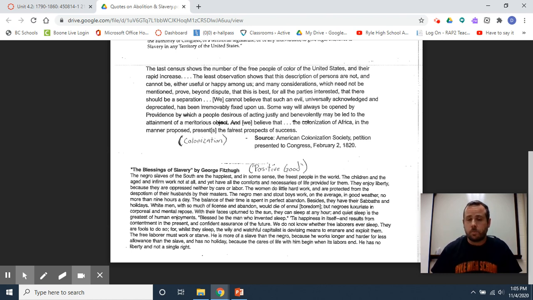In general, what the positive good theory said was in the paternalistic South, while slaves were seen as inferior and enslaved, they were at least taken care of with housing, clothing, food, family, things like that. Of course, we can point through and talk about how poorly all of those things were actually executed. But that's what many Southern slave owners said, look, I feed, I house, I clothe, I educate, I take care of my slaves in a paternalistic manner.